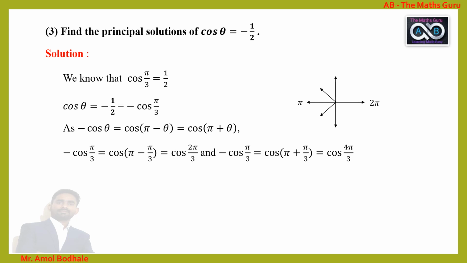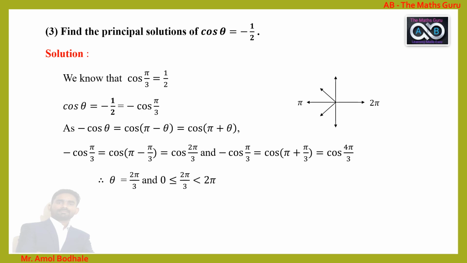Now see, cos theta is equal to minus of cos pi by 3, but minus cos of pi by 3 is equal with positive cos of 2 pi by 3. So we can say theta is equal to 2 pi by 3, it is one solution. Similarly, theta equal to 4 pi by 3, the another solution.